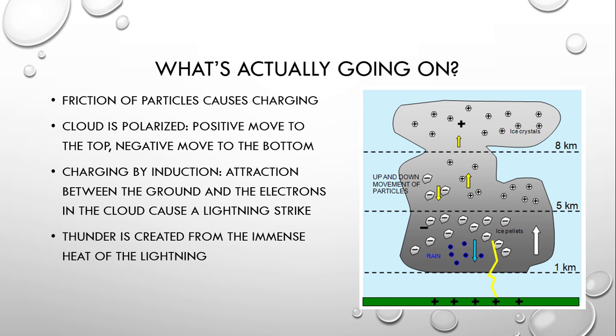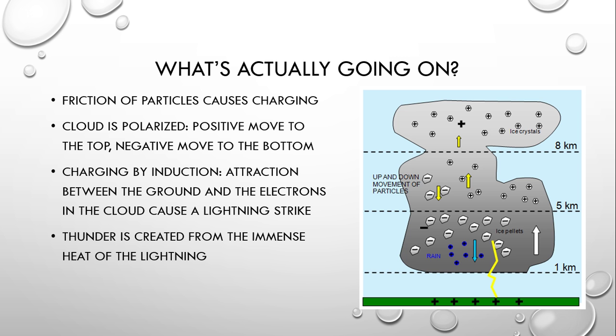You might be wondering what's actually going on, and I'm going to tell you. Essentially it starts with the electricity that's created in the cloud. This is from the particles. It's essentially friction.